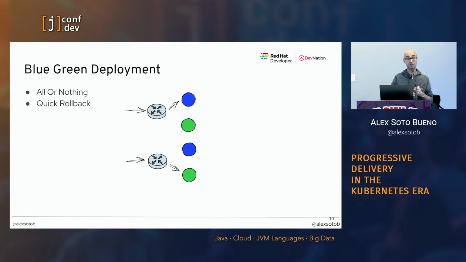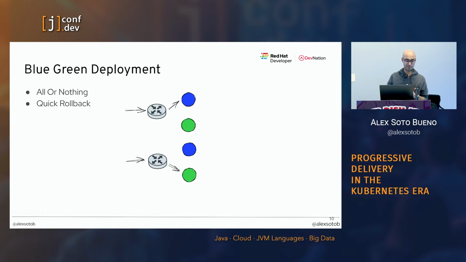Then at some point you wanted to update that application, so you created a new virtual machine with the new application there, and you rerouted the traffic from the blue to the green version, right? So it was all or nothing. All the traffic goes to the blue, and then you send all the traffic to the green.